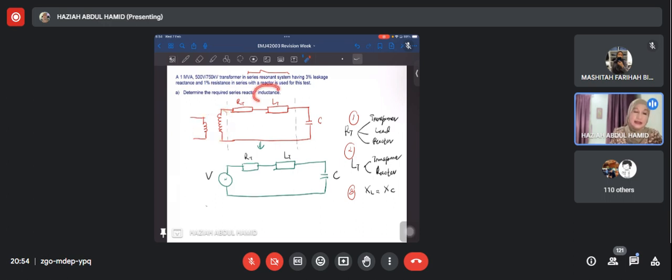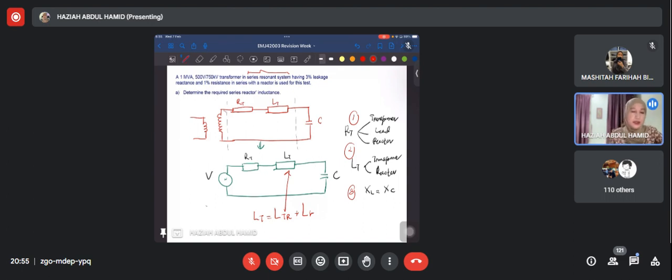The inductance has two parts: one inductance contributed by the transformer and another inductance contributed by the reactor. The total is given by L total equals L transformer plus L reactor. I use R for reactor, TR for transformer.